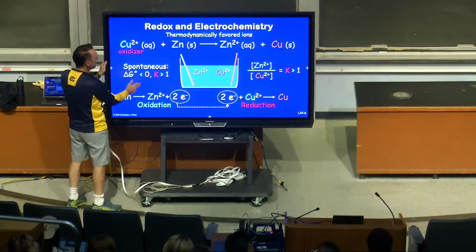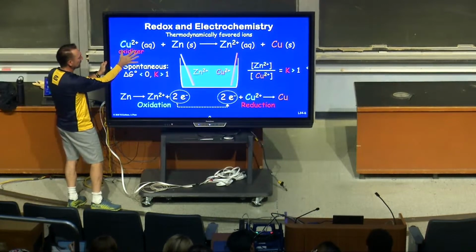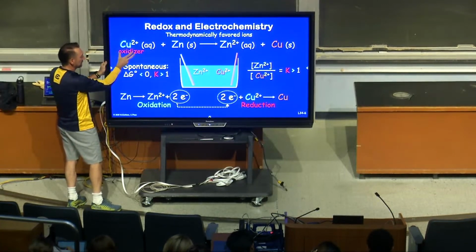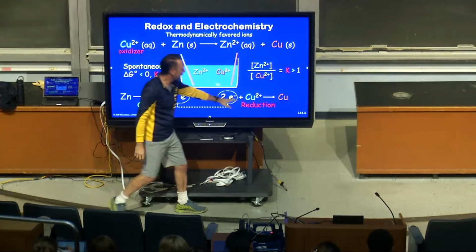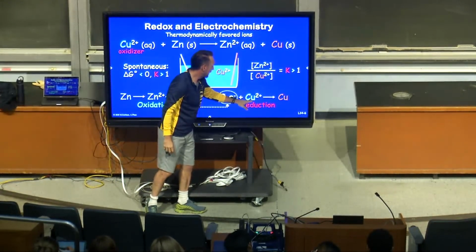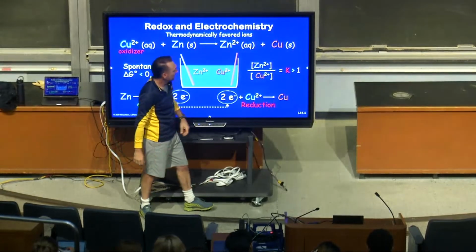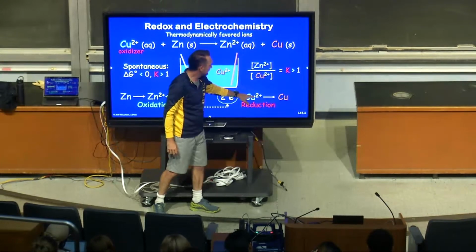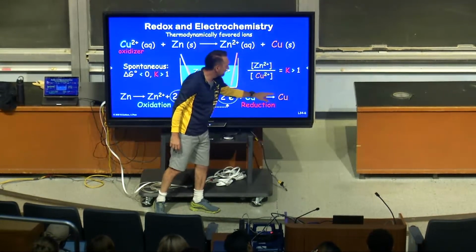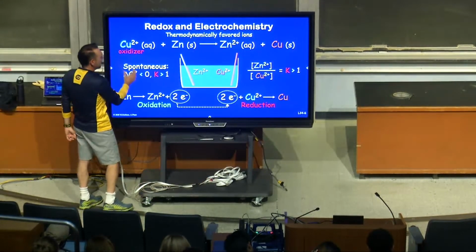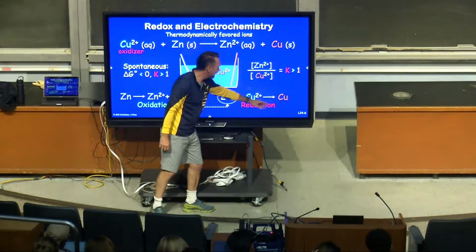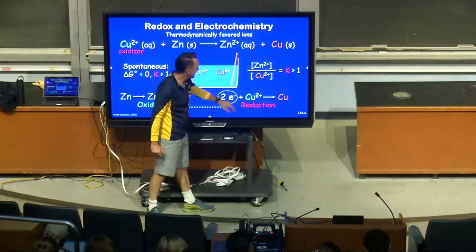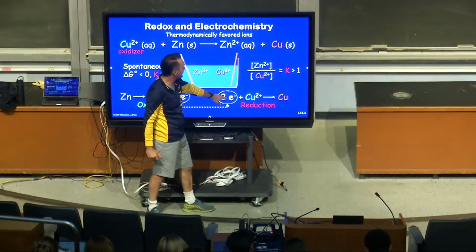So we call this thing, now it's going to start to get a little tricky, you have to keep all the definitions constant here. This is a reduction reaction. The copper ion going to copper metal because the oxidation state of copper is reduced. As that reduction happens, this copper ion is grabbing electrons from something.